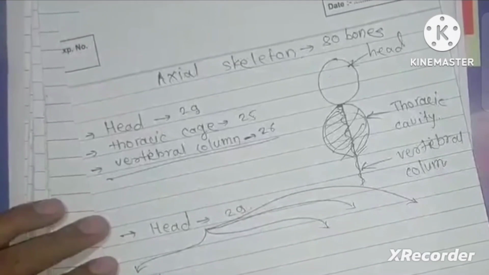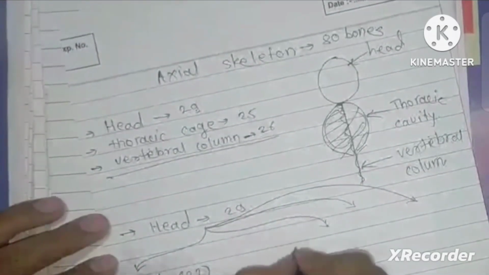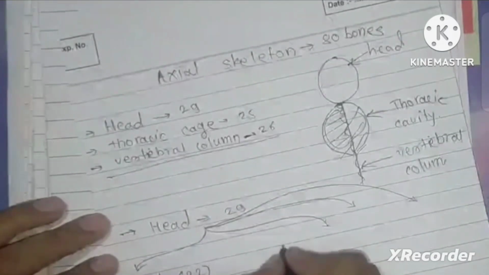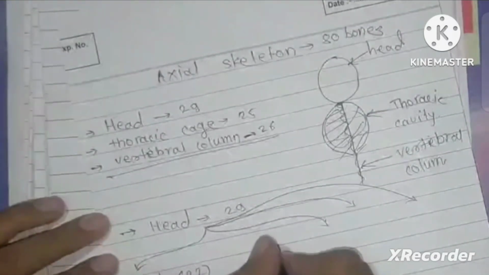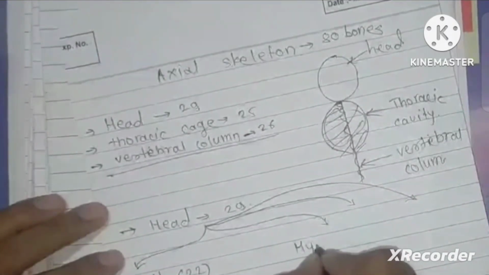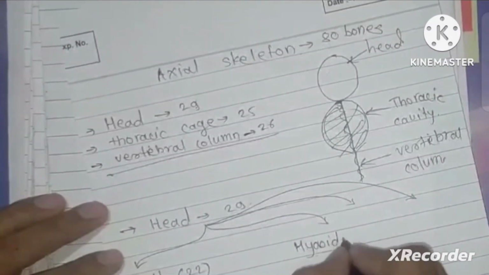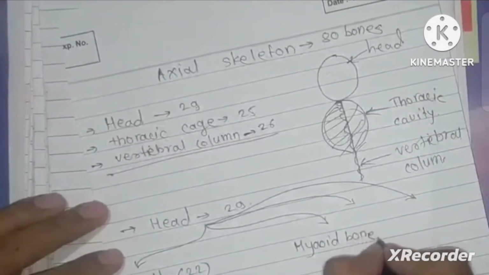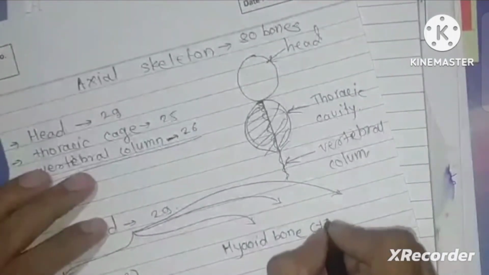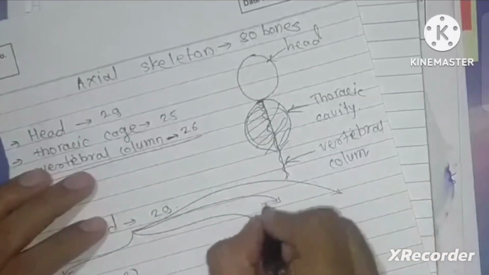Skull consists of 22 bones, a hyoid bone to which the tongue is attached, which is 1 in number, and our ear bones.